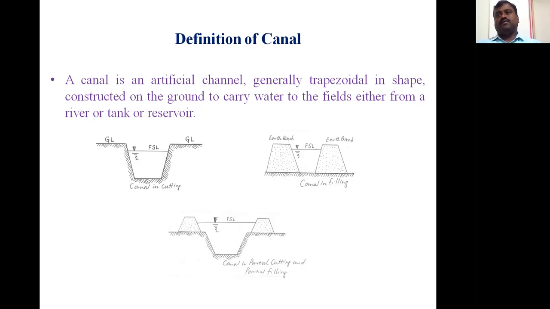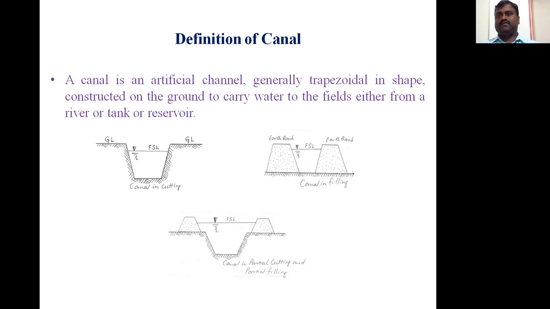Canal can be constructed in three different types. One by cutting the ground, which is called as canal in cutting, and one is canal in filling, where the banks are constructed on the ground and the required trapezoidal shape of the canal is constructed, which is called as a canal in filling.